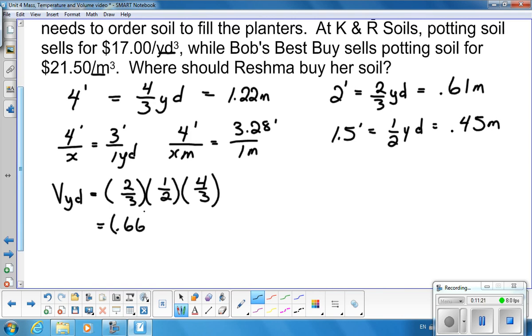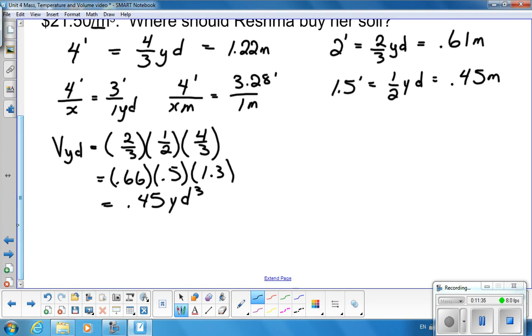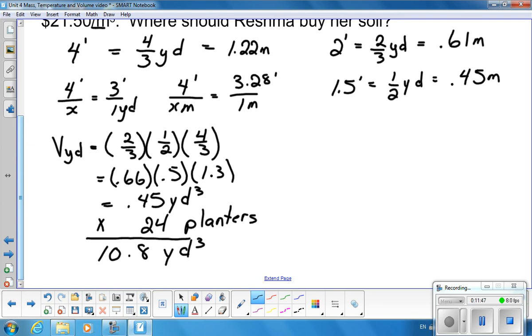So it's 0.66 times 0.5 times 1.3. Multiplying gives me 0.45 cubic yards. I need 24 planters, so I need to multiply this by 24. So the total volume then that I'm looking at is 10.8 cubic yards.